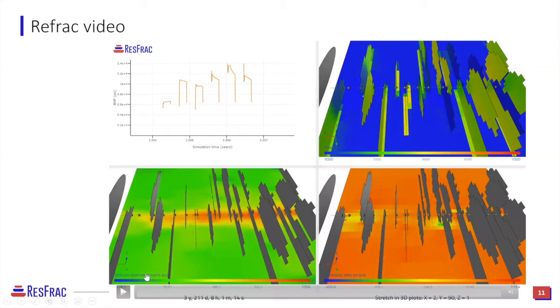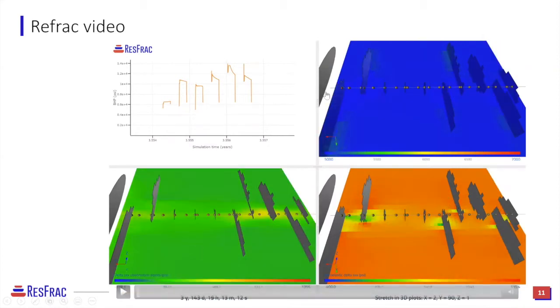So let's step through and look at what's happening. Here's the condition prior to the refrac. We have evenly spaced fractures, I believe 10 total, because we did 2 stages of 5 each.